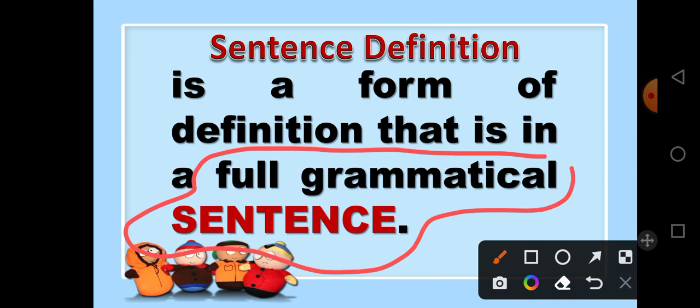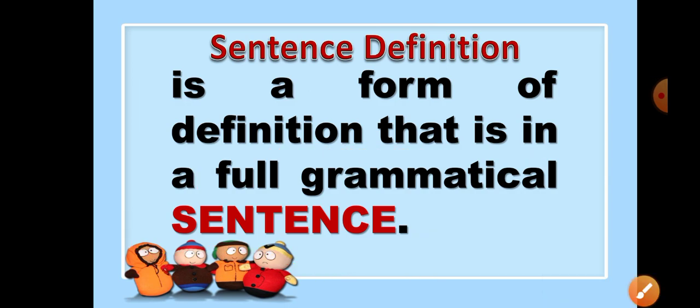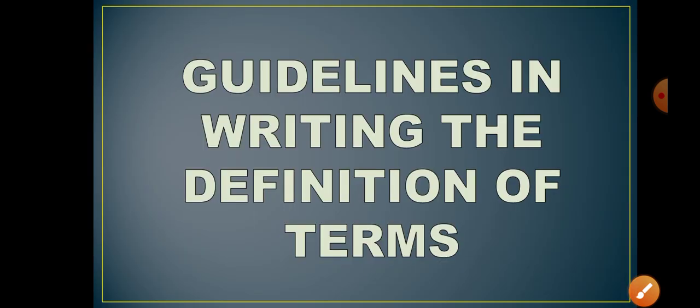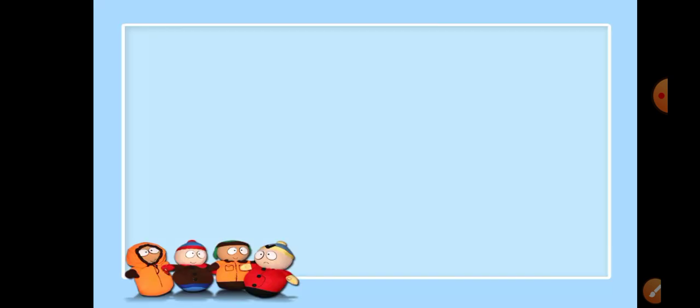So this is the basic rule on how we can write the definition of terms. And with that said, here are some guidelines on how you can write the definition of terms effectively. Aside from writing the definition of terms using a sentence type of definition, let us highlight some of the other guidelines.